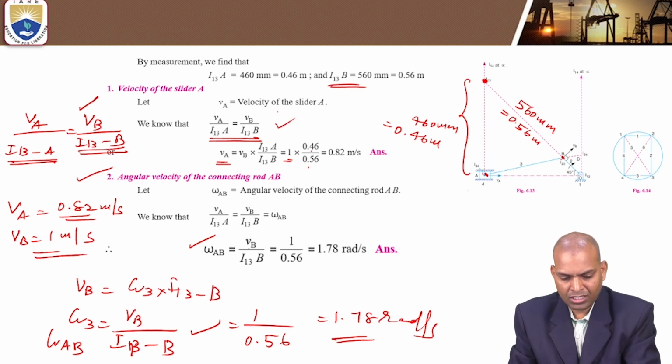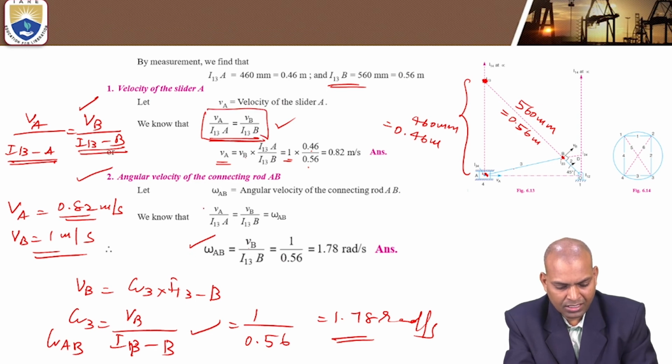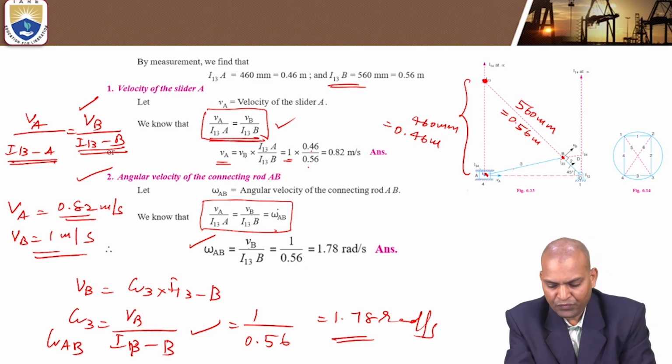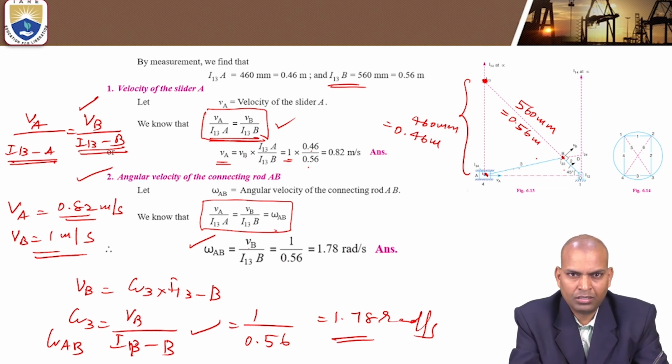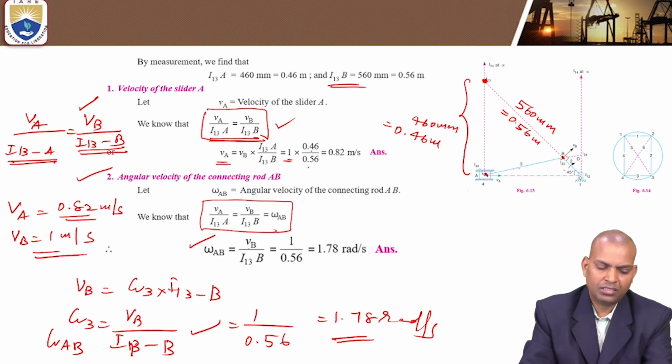Here for the linear velocity ratio theorem, VA and VB are on the same link. This VB is common to two links, link 2 and link 3. Thus we can calculate the unknown linear velocity of the slider and also the angular velocity of the link AB.